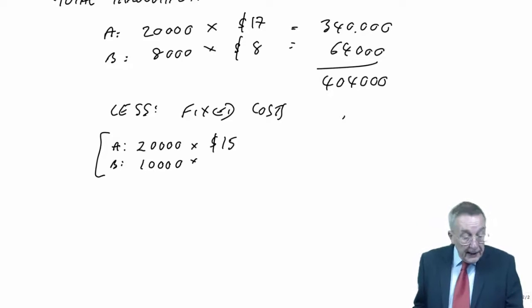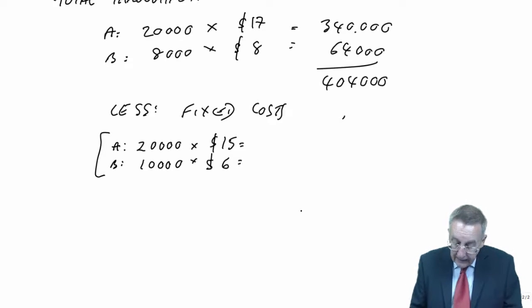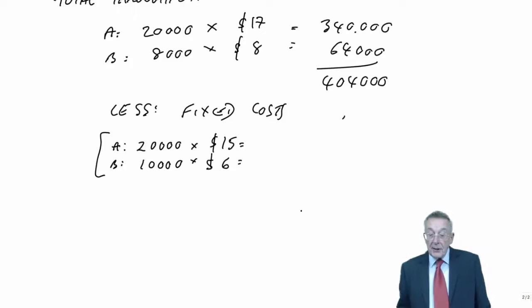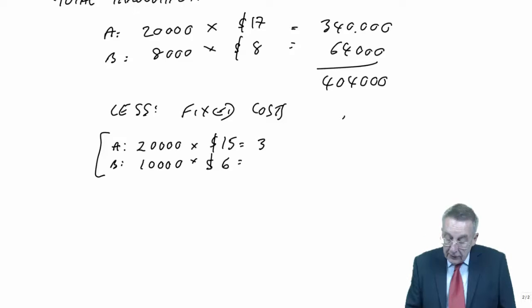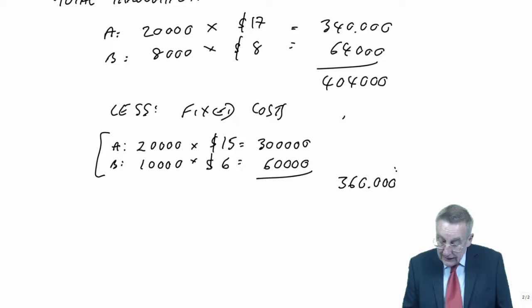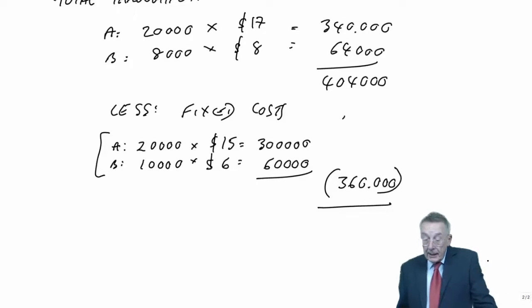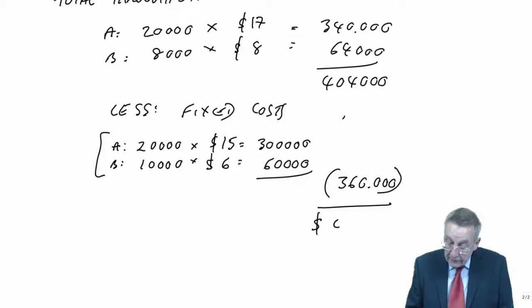And similarly with B, $6 a unit. So we were budgeting on fixed costs in total of 300,000 plus 60,000. Resulting in a maximum profit of 44,000.